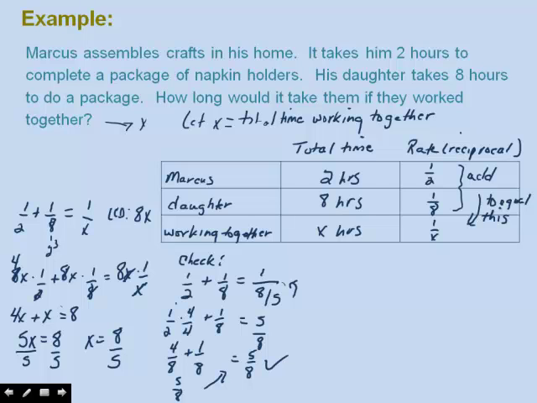So that means that our solution checks, and we can say it would take them 8/5 hours, or we could write this as a mixed number. We could make that 1 3/5 hours working together.